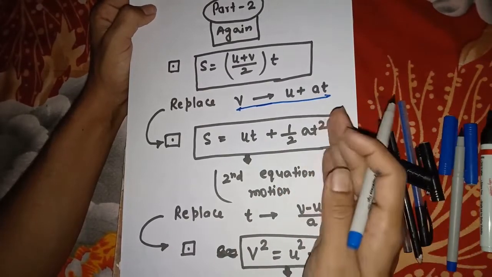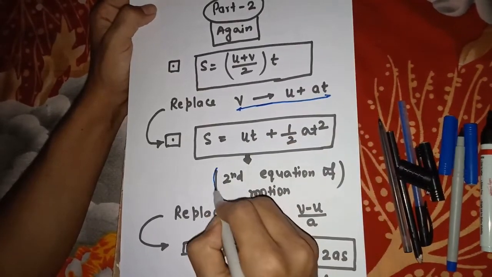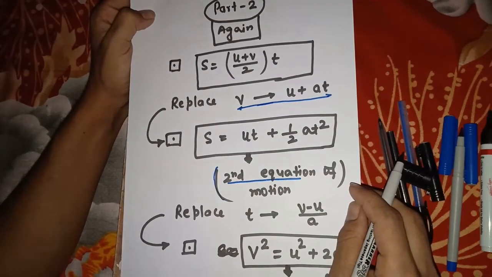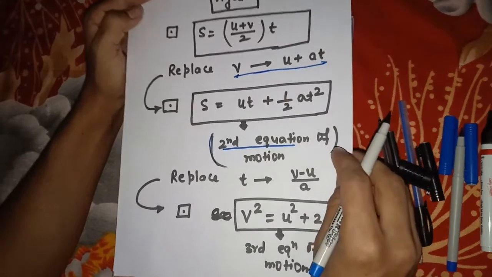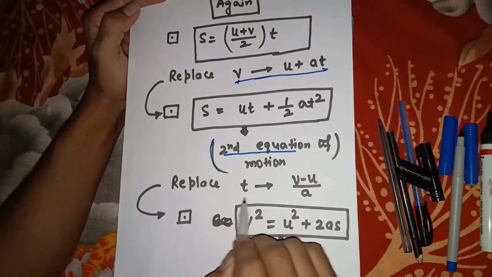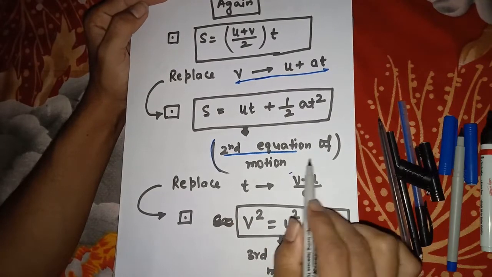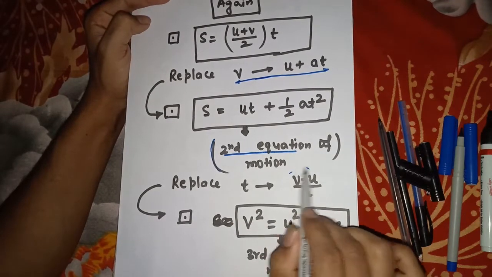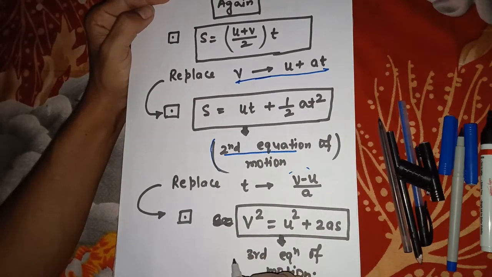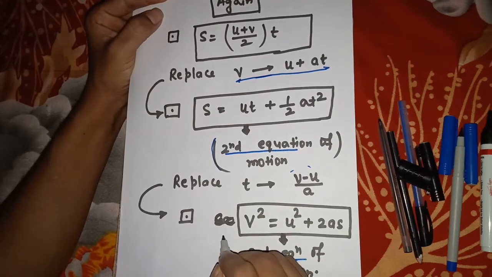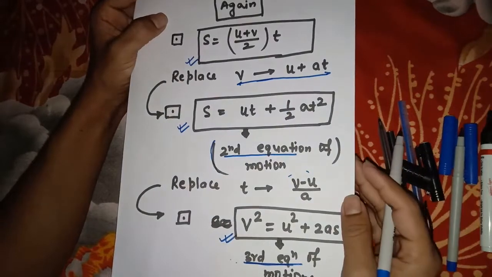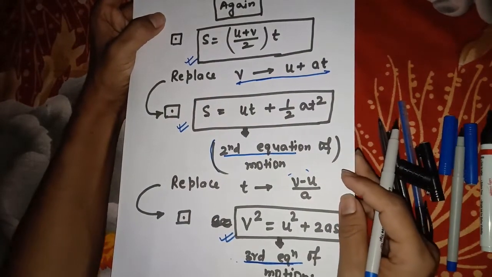This is famously known as the second equation of motion. Now you can try another thing: if you replace t by this expression, as I told you in the previous lecture, you must find this expression, which is also called the third equation of motion. You have to remember all these expressions because you have to use them.